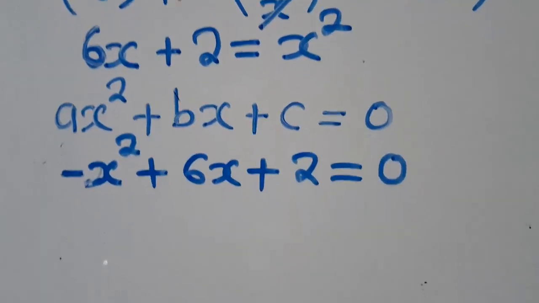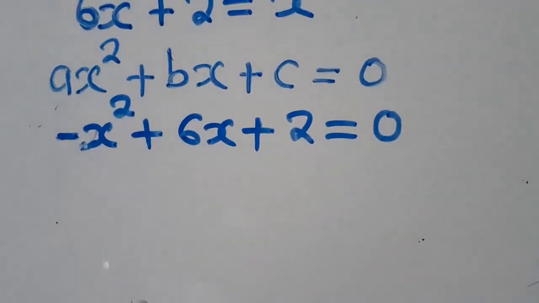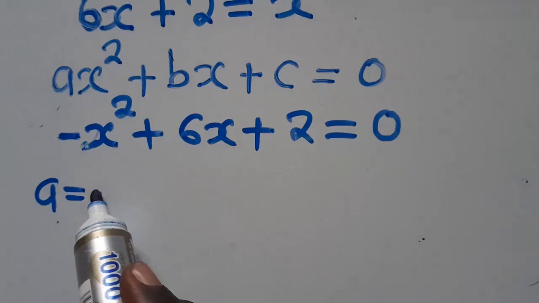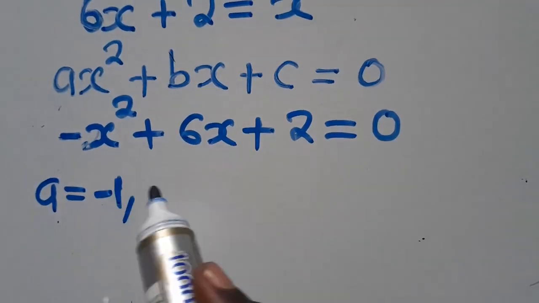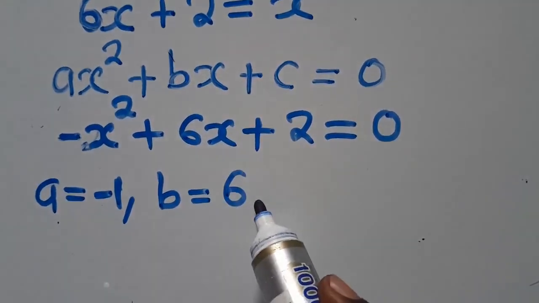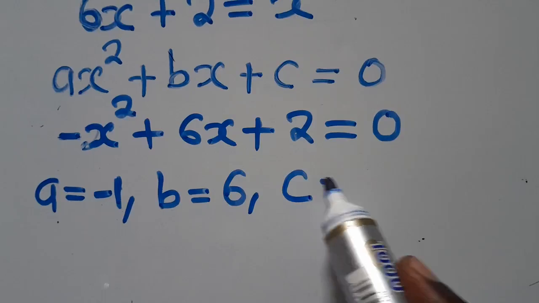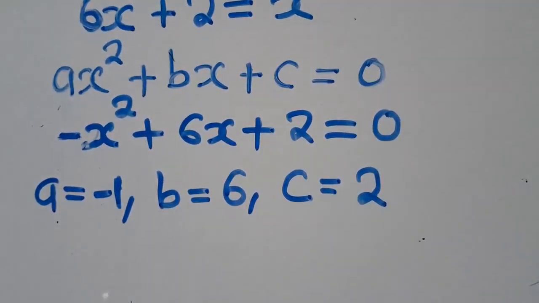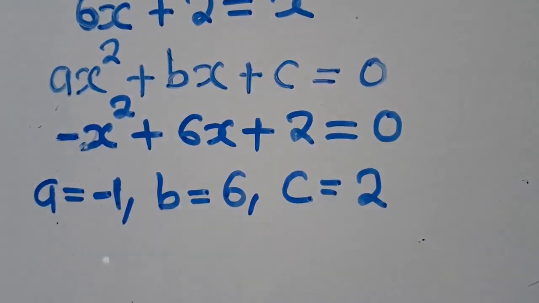From here, you find your a. What is your a? The one with the square, which is negative 1. What is your b? Your b is 6. What is your c? Your c is 2. This is what I wanted you to do.